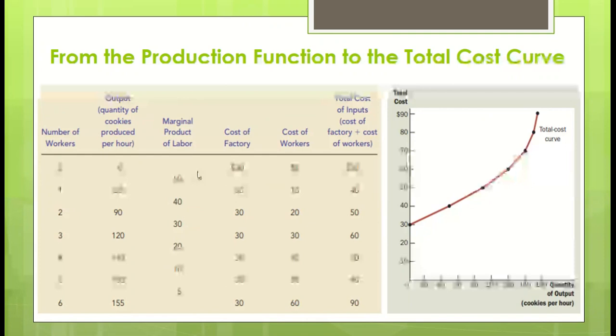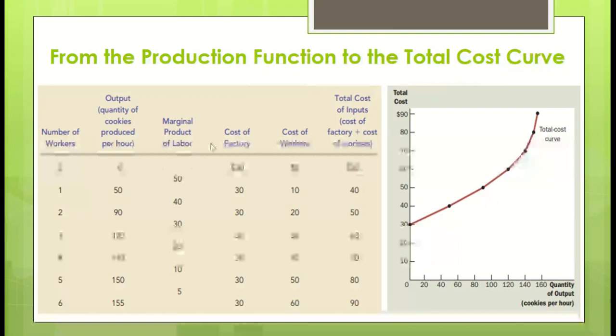On the other side, the cost of capital is $30, that is fixed, and the cost of workers again is 0, as we are not using any labor in the process of production. So the total cost is the sum of both costs, the cost of the factory, that is $30, and the cost of workers, that is 0, and it becomes $30 in total.